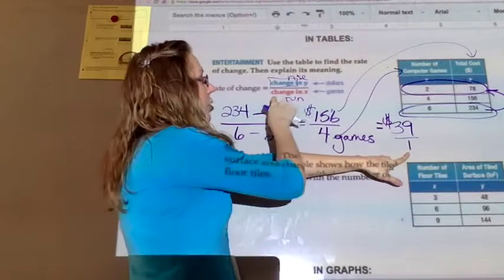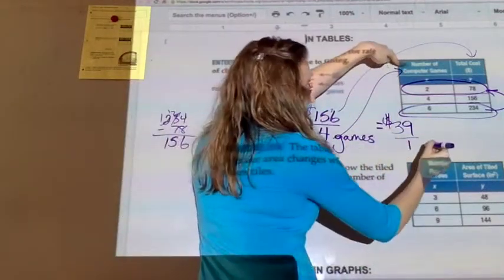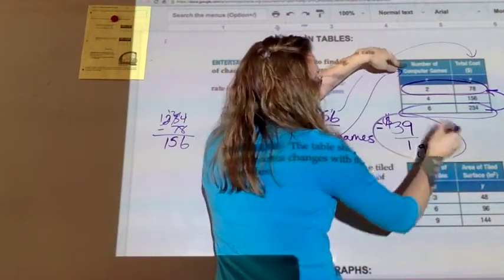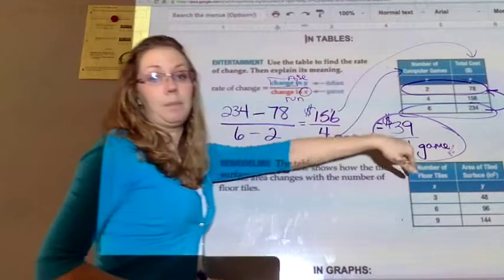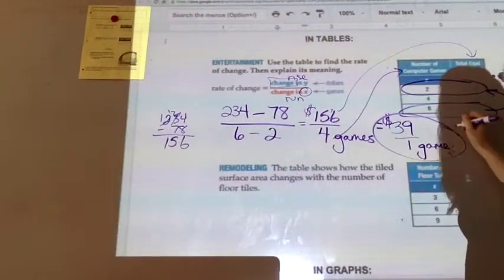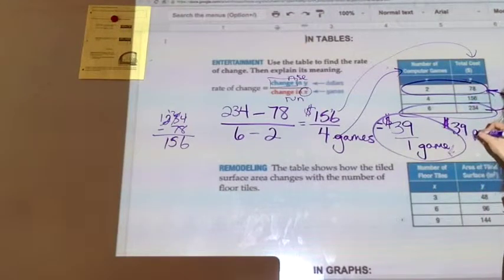Our 1 relates to our change in x, and our x, if we follow it up, is our total number of games. So here, our slope means $39 per game. Okay? And we should really write that as a full sentence to show that we understand its meaning. $39 per game.